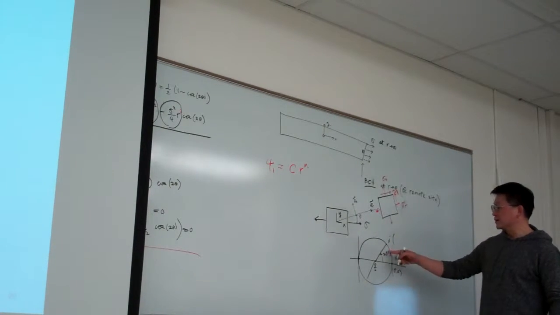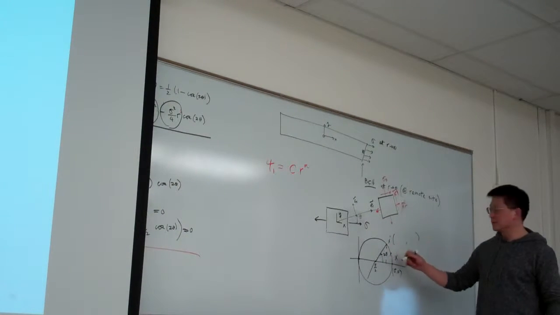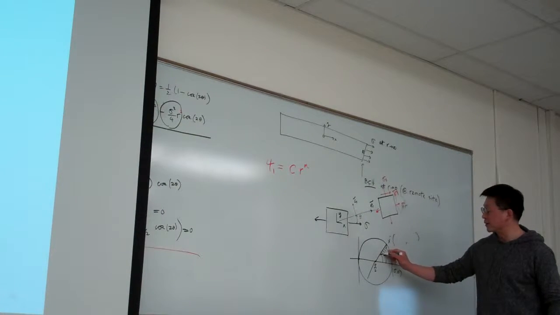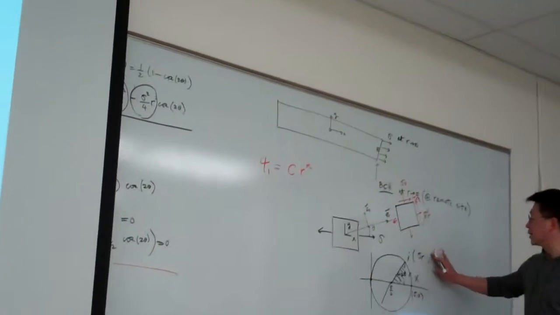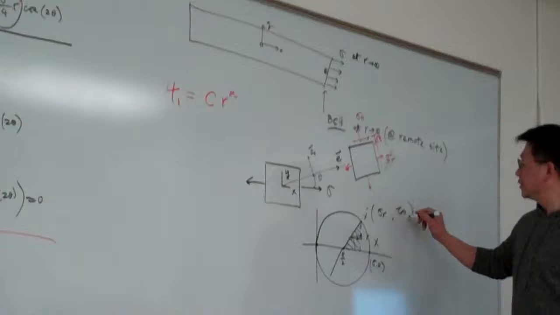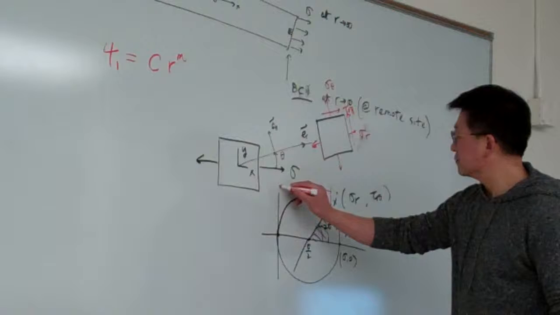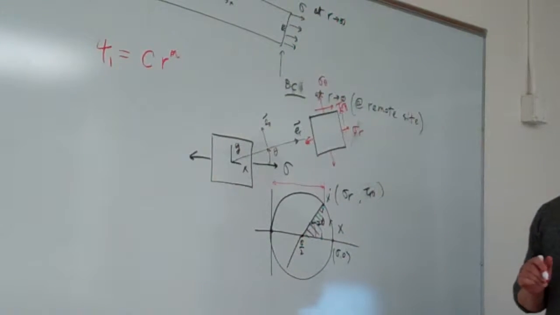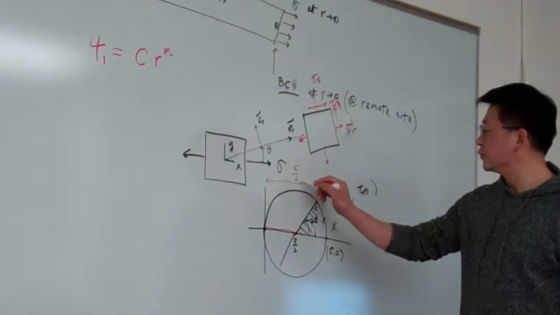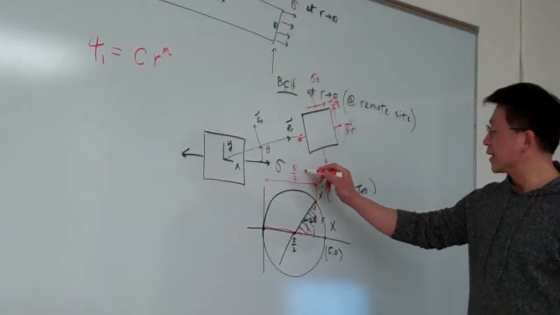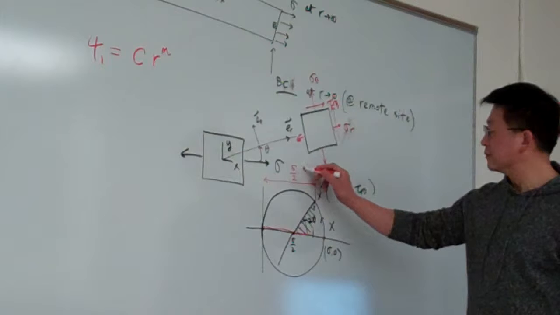By simply looking at this geometry, you should be able to figure out the coordinates of x prime, for example by utilizing this triangle. This is sigma r, this is tau r theta. Sigma r is given by this portion, sigma over 2, plus this portion, the radius times cosine 2 theta.